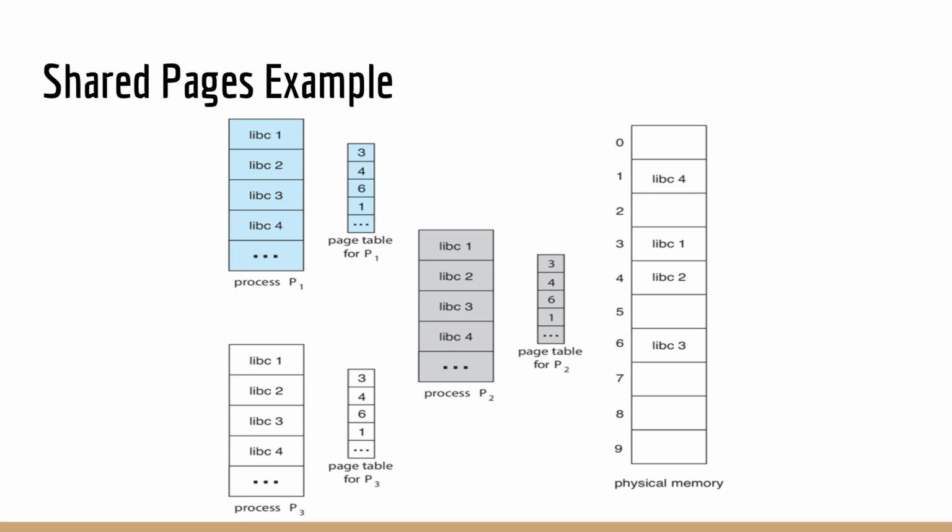For process P1, its logical pages for libc map to the physical frames 3, 4, 6, and 1. Now look at processes P2 and P3. Their page tables also map their logical libc pages to the exact same physical frames 3, 4, 6, and 1.